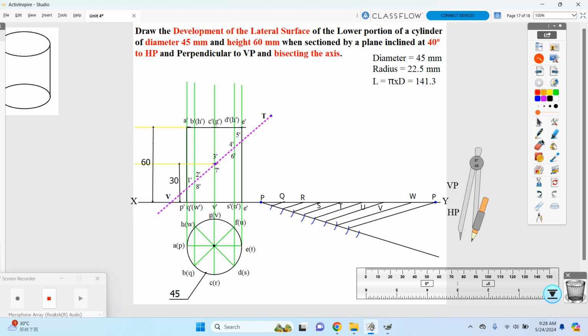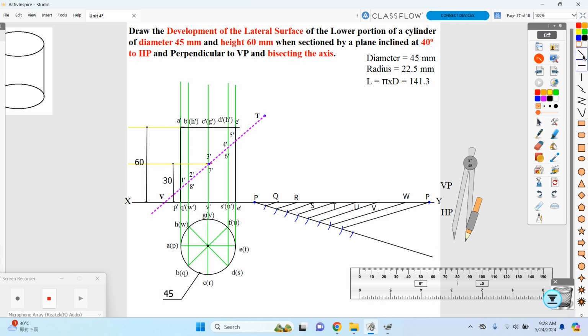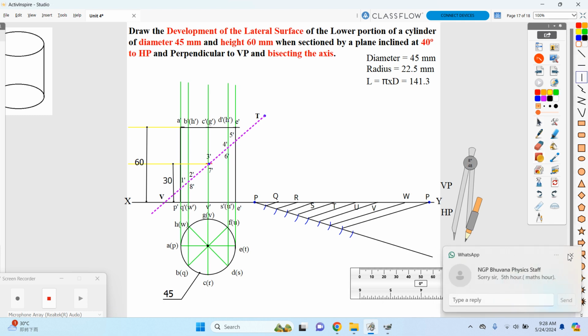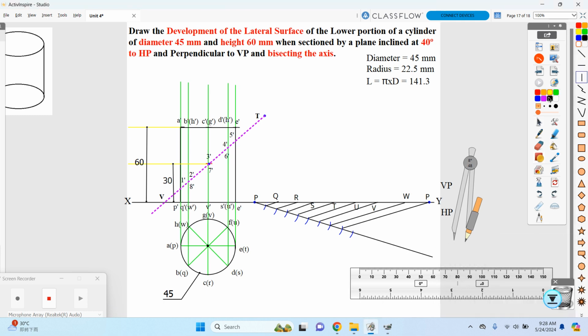So now we are going to develop our reference lines on this. Develop the reference lines from this point to this point, then here to here, then for this and this, then for here to here.